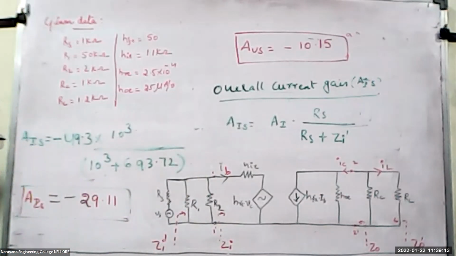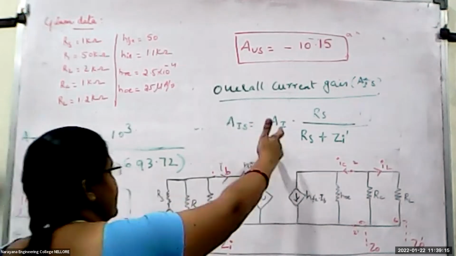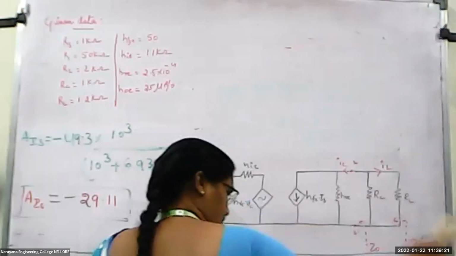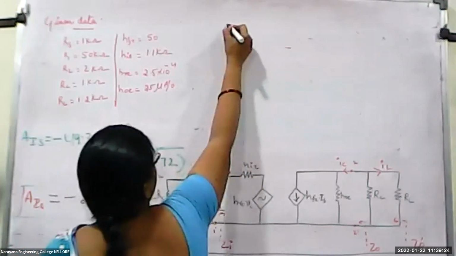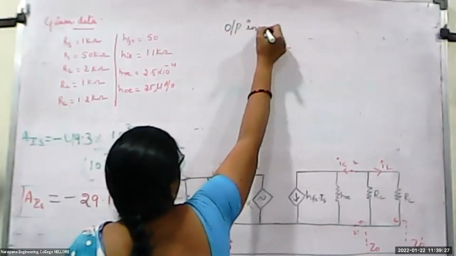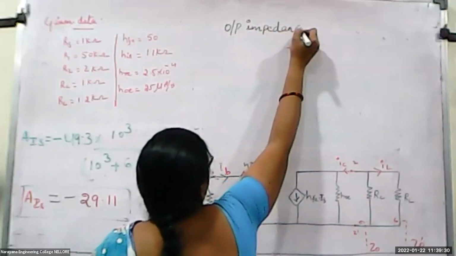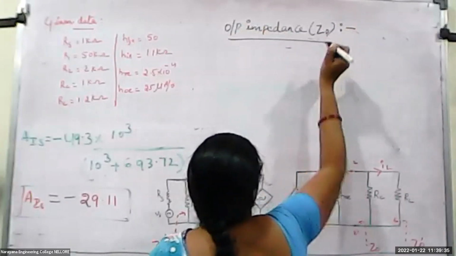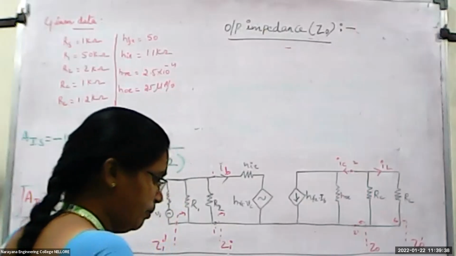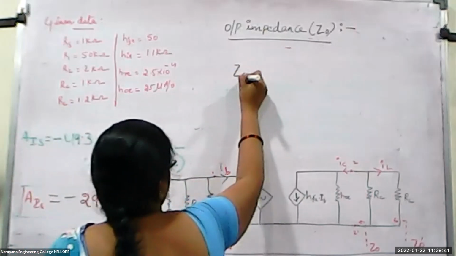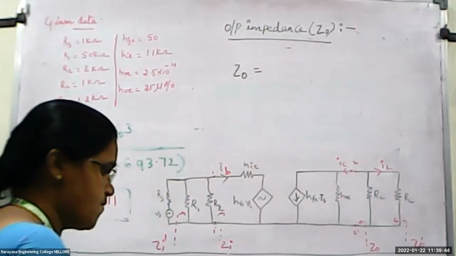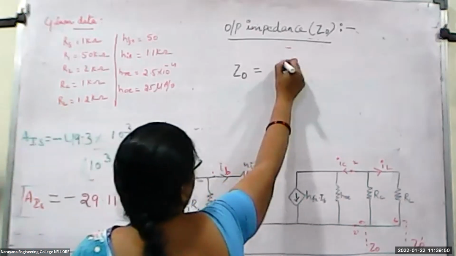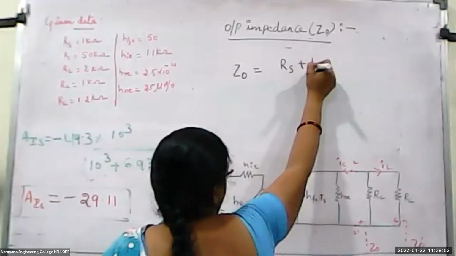We have to calculate output impedance Z naught. What is the formula for Z naught?